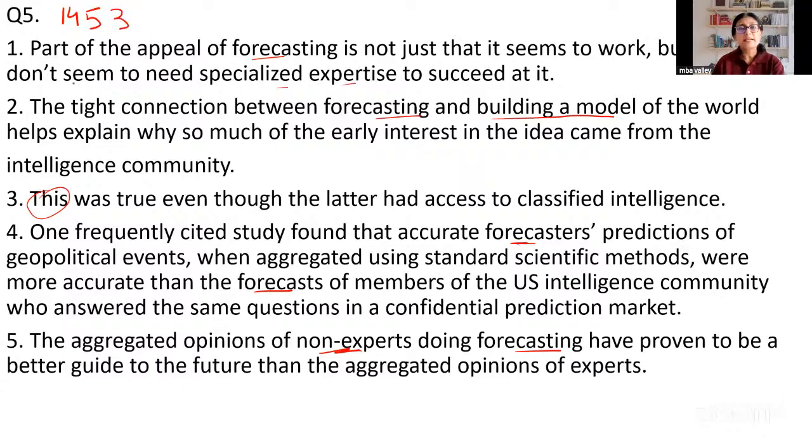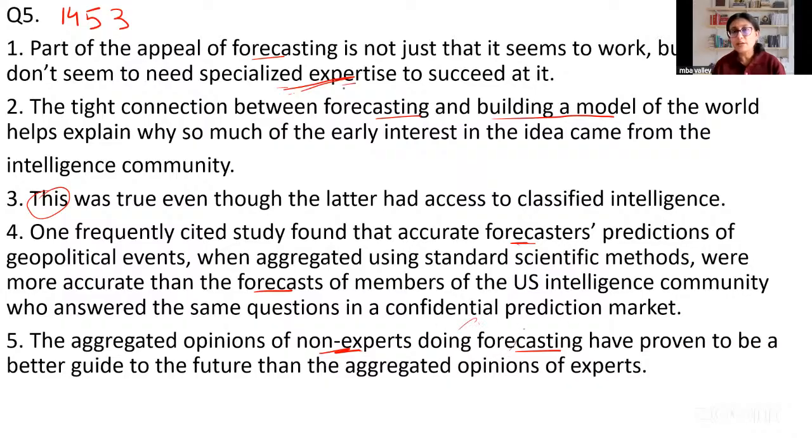And then comes sentence number 3. Look, sentence 1 says, part of the appeal of forecasting is not just that it seems to work, but that you don't seem to need specialized expertise to succeed at it. It is saying no specialized expertise is needed to succeed here. Then sentence number 4 says, one frequently cited study found that accurate forecasters, now we have talked about accurate forecasters in sentence number 4.